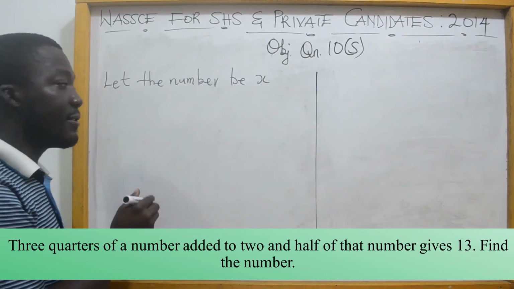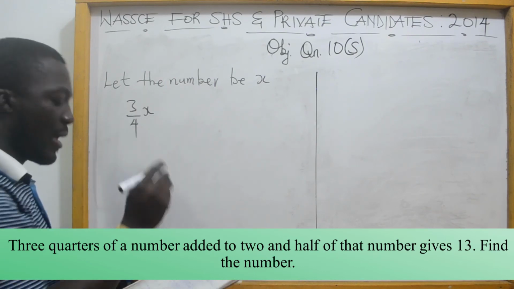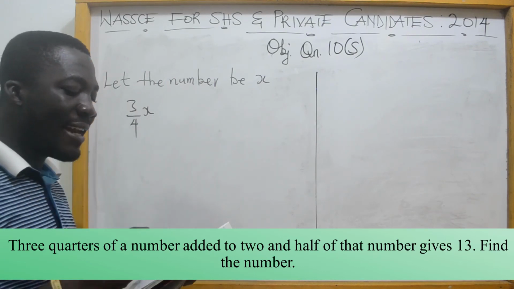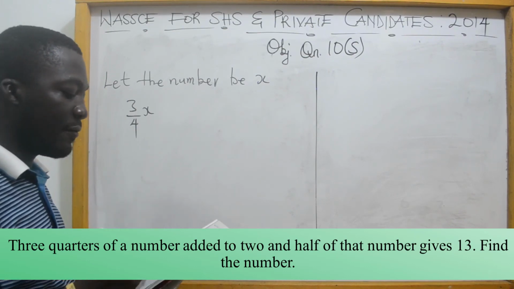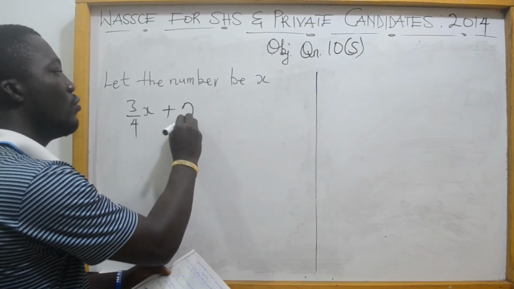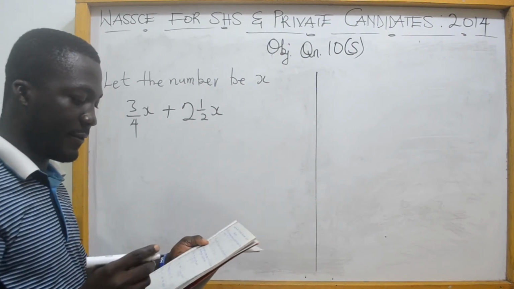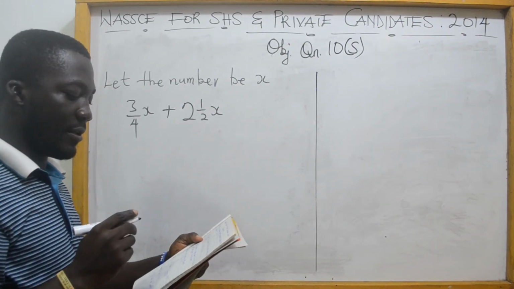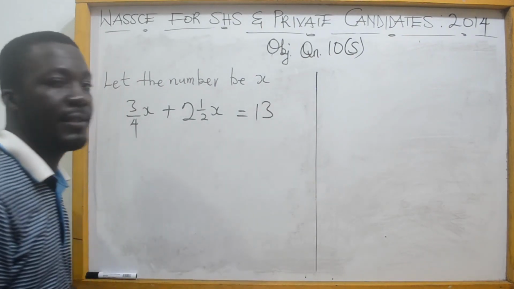So 3/4 of a number is 3/4 x. Then added to 2.5 of that number, which is x, gives 13. So this is our 13.